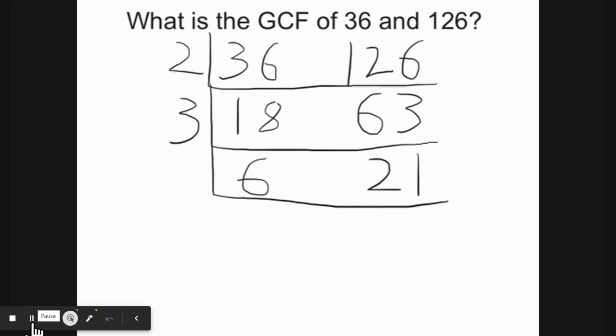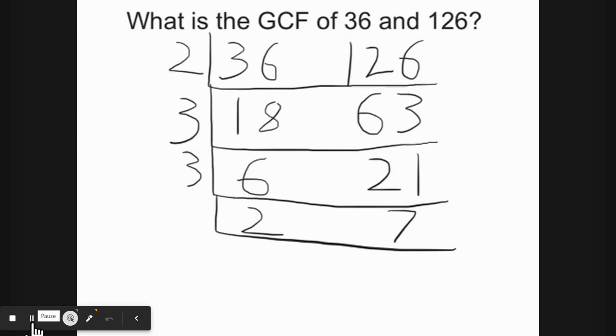Well, again, I might know that 3 will go into both because 3 goes into 6 2 times. And of course, 21 divided by 3 equals 7. Now, when I look here, is there any number that goes into 2 and 7? The answer is no. So, I am done.